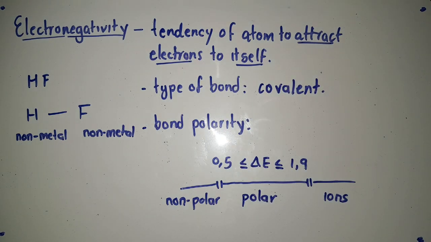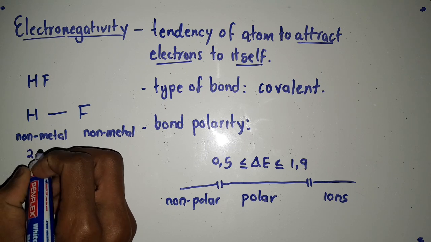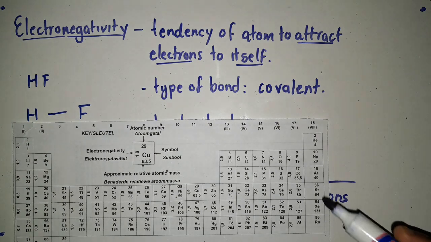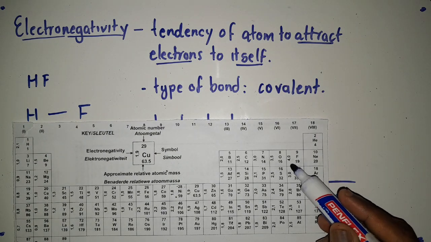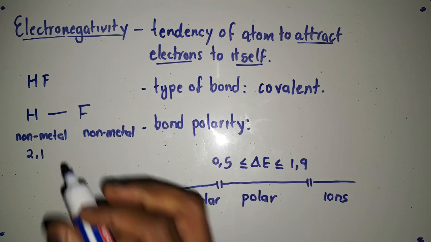Let us try to answer the second one. Then we know that the electronegativity for H is 2.1. Of fluorine, I hope you can see over here, it's 4.0.